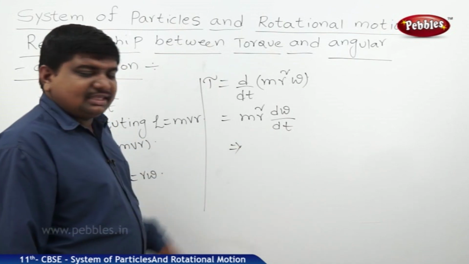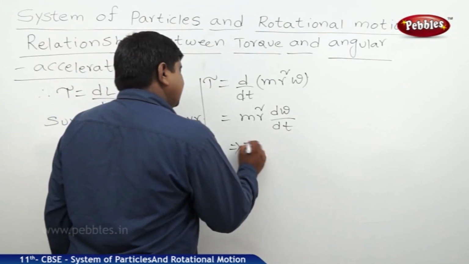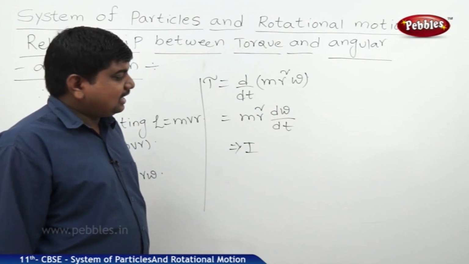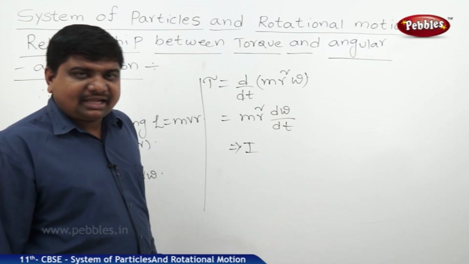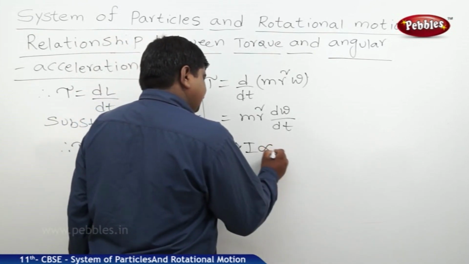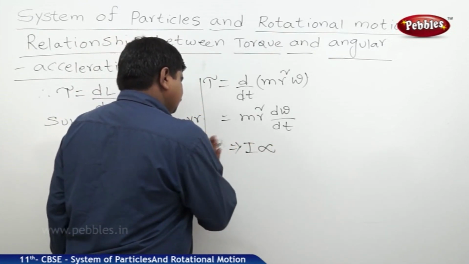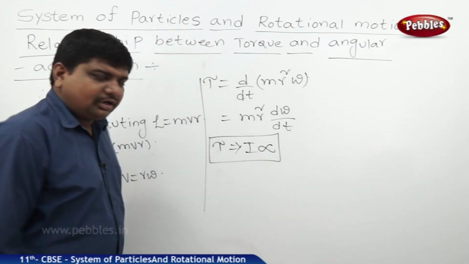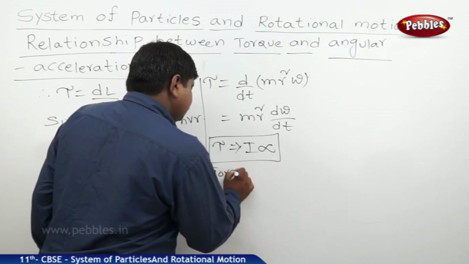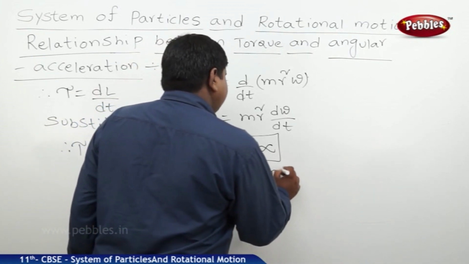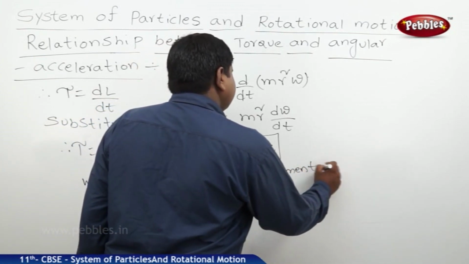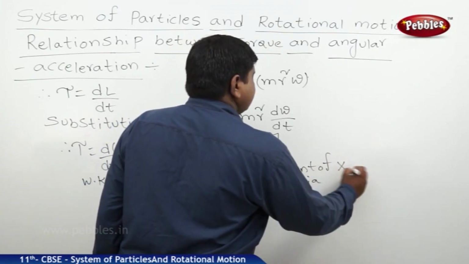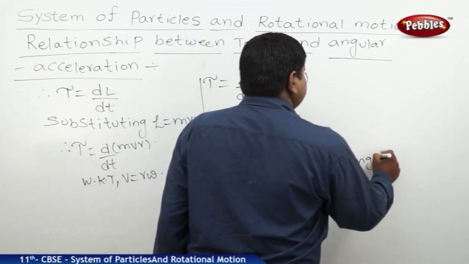This m r square is nothing but moment of inertia I. D omega by dt is nothing but rate of change in angular velocity, nothing but angular acceleration represented by alpha. So torque is equal to moment of inertia into angular acceleration.